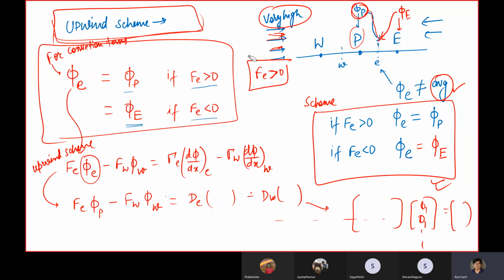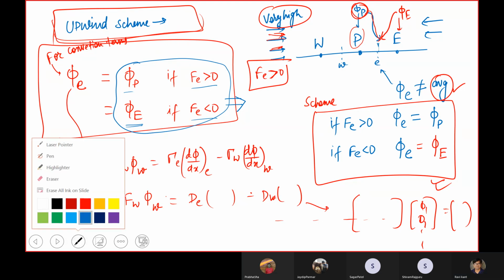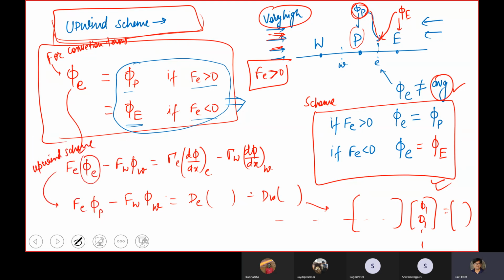if Fe is less than 0. In textbooks, they do not write in this fashion, or maybe they can, but more precisely they write this whole equation consolidated into one function form, and that function form looks something like this. Let me add with this.